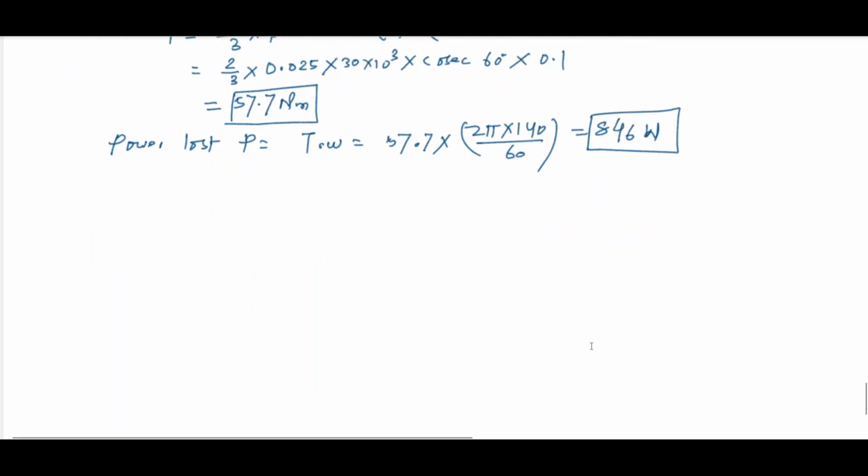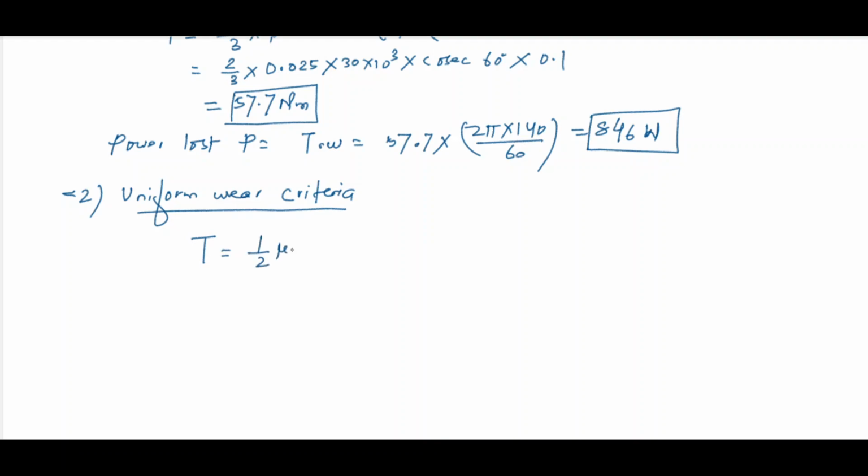Now according to the uniform wear criteria, we have T equal to half mu W R cosec alpha. Here I am choosing the mean radius because no relation between the outer and inner radius is given to you, it is only saying shaft diameter.